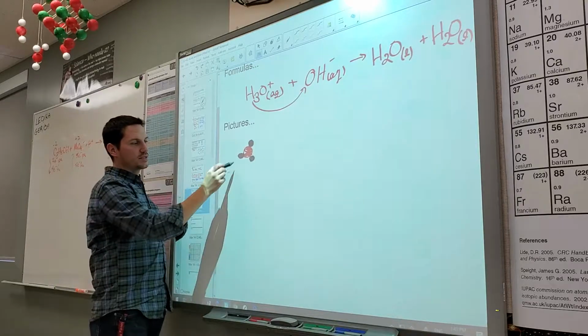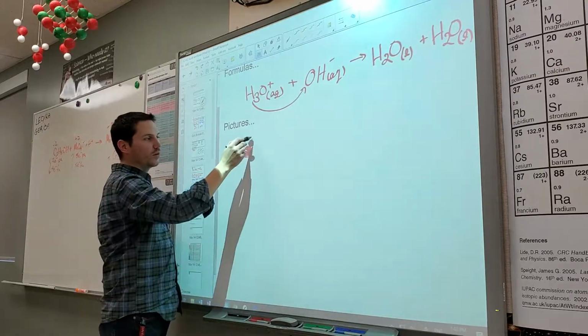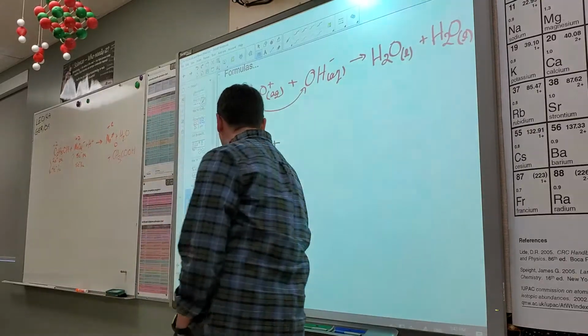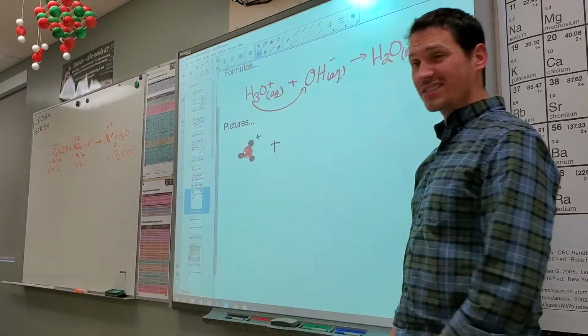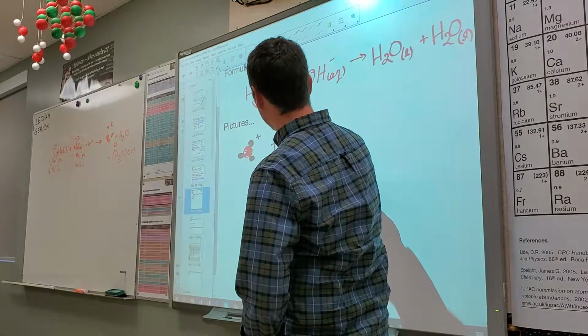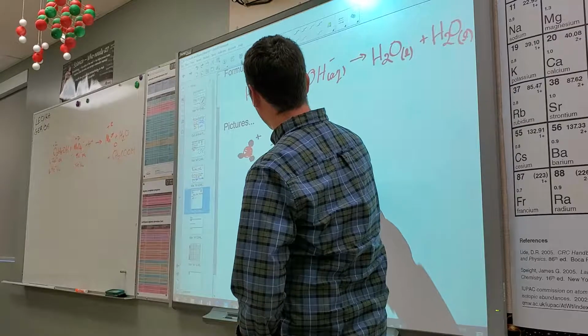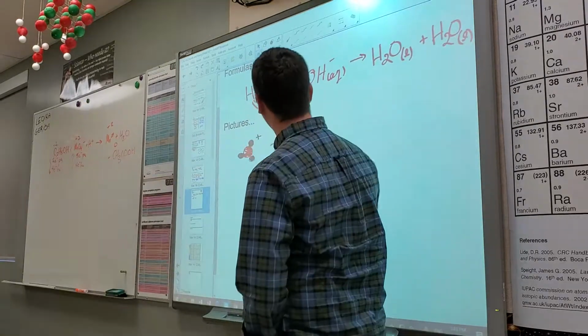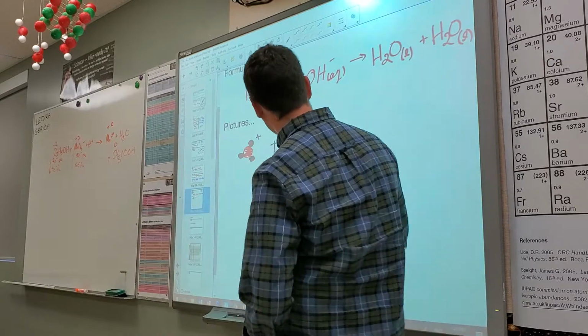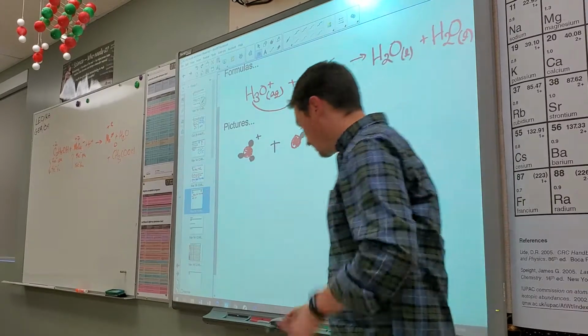So this is 3 H's and an O, and this is positively charged. And it's going to react with, well, what does a hydroxide look like? It's OH. So it's another O and 1 H. And it's negatively charged.